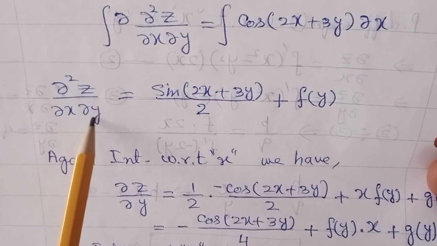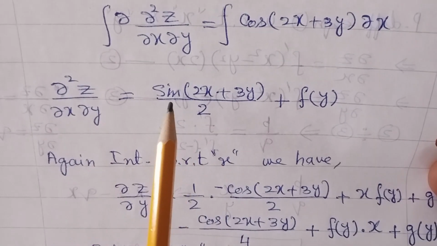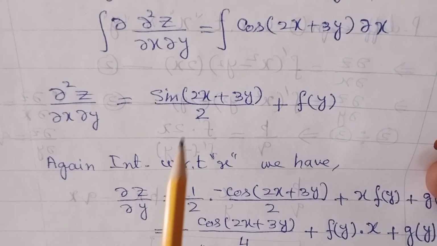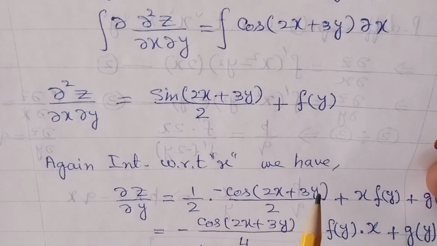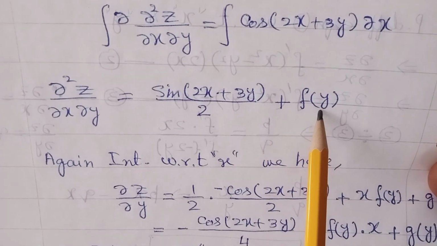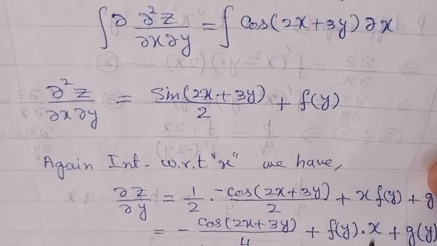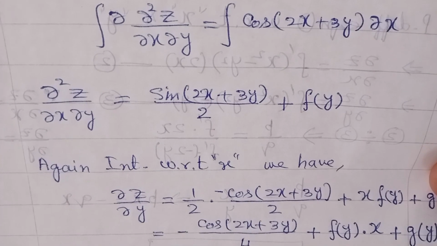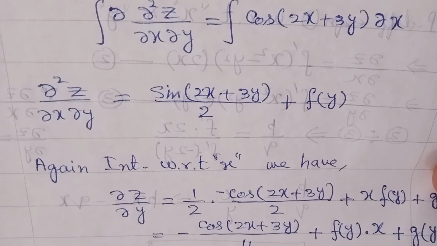Only ∂z/∂y remains, and the integral of sine is minus cos, divided by 2. Already we have 1/2 here. So 1/2 times minus cos(2x + 3y) divided by 2, plus, the integral of a constant term comes out before the integral. So the integral of 1 would be x, so x f(y), plus again an integration constant g(y). Or you can also write it as c1 or c2, no matter.